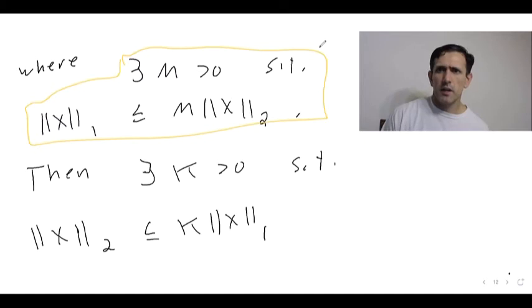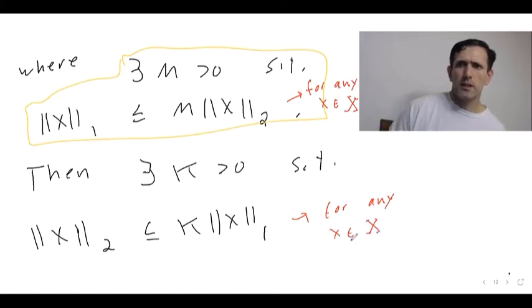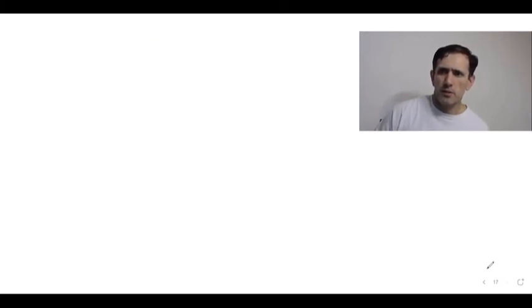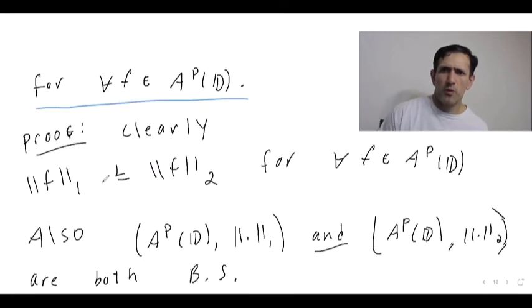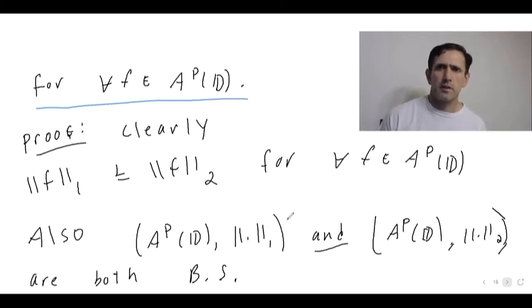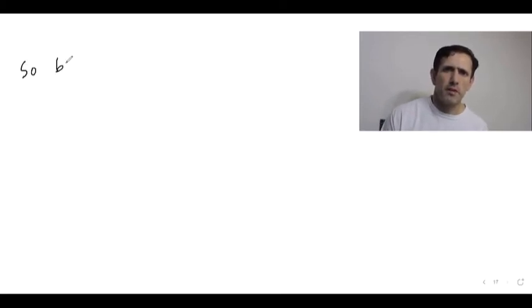I should say, I said this but I didn't write it down: here we're assuming this is true for any little x in big X. Anyway, the two norm theorem has both components true, so we're done.